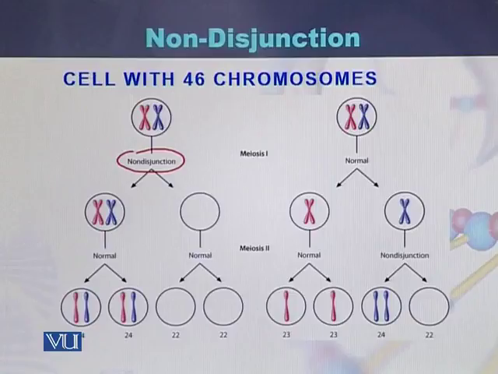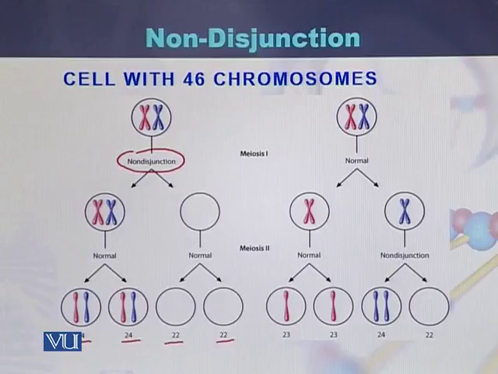As a result of the second meiosis, cells will be produced with 24 chromosomes, and these cells will be with 22 chromosomes. If the cell has 46 chromosomes, then as a result of meiosis, the cells should contain 23 chromosomes.